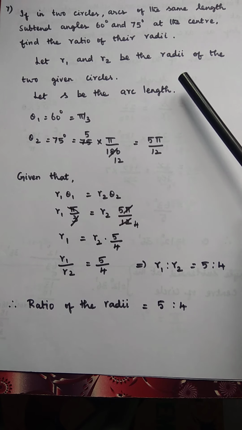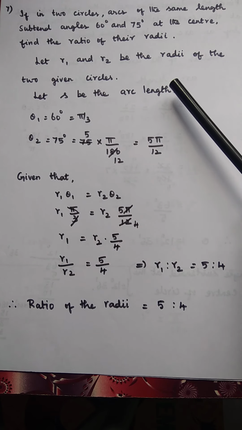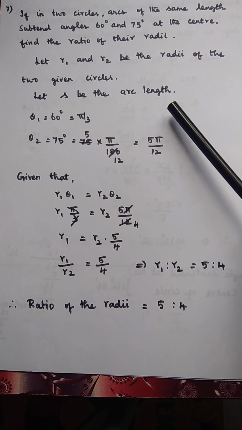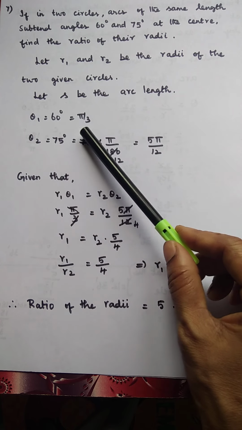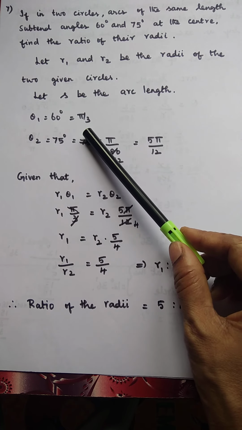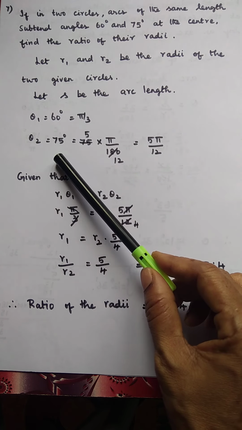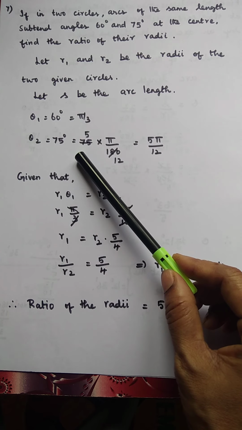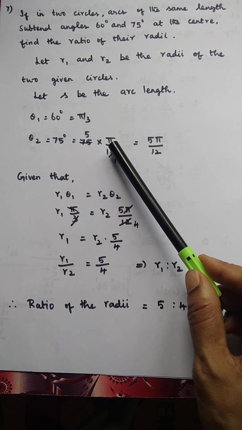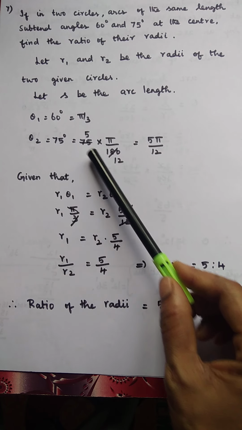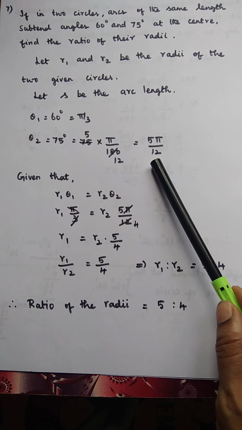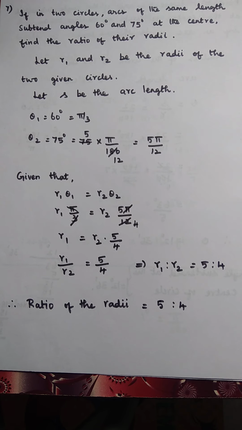Let R1 and R2 be the radii of the two given circles. Let S be the arc length. First angle theta 1 equal to 60 degree, converting into radian, pi by 3. Theta 2 equal to 75 degree, converting into radian, 75 into pi by 180. Cancelling by 15, 5 times and 12 times, 5 pi by 12.